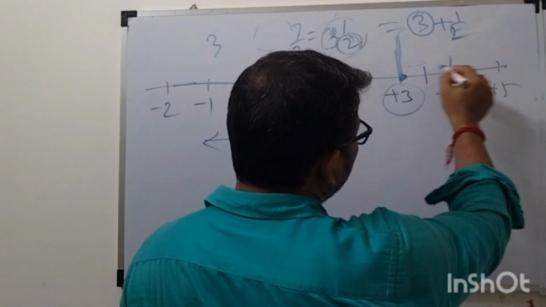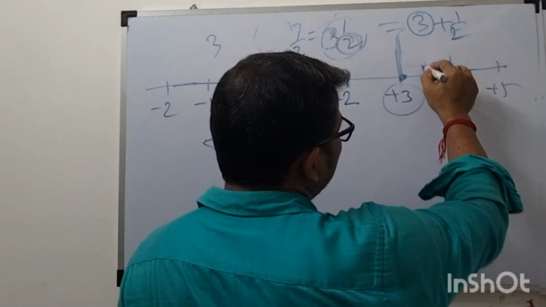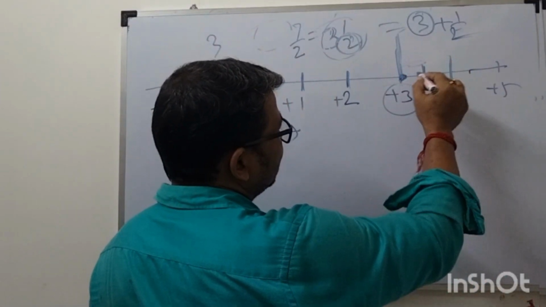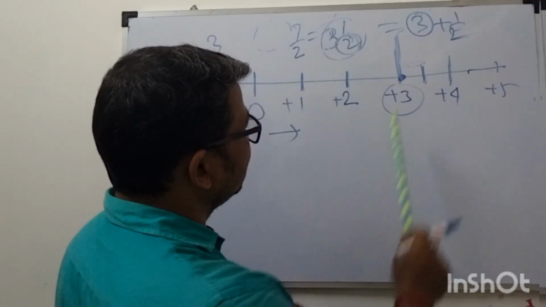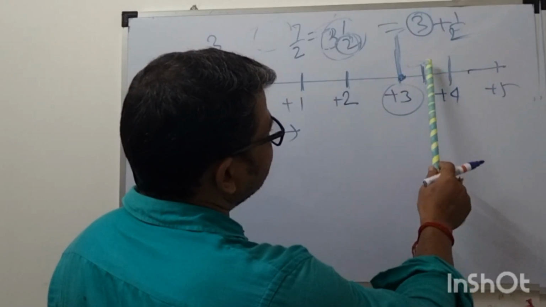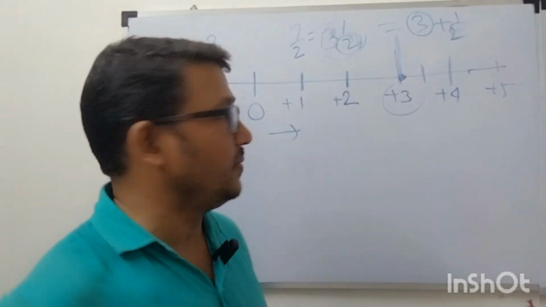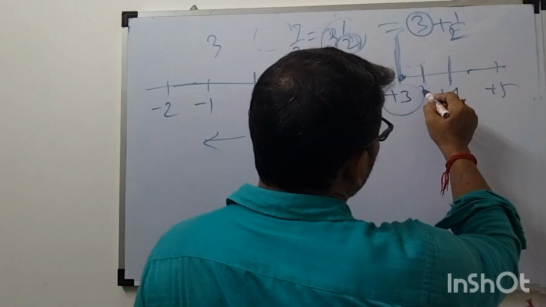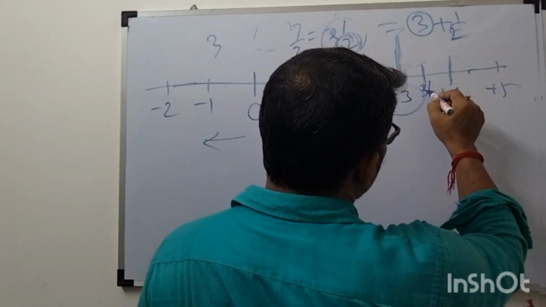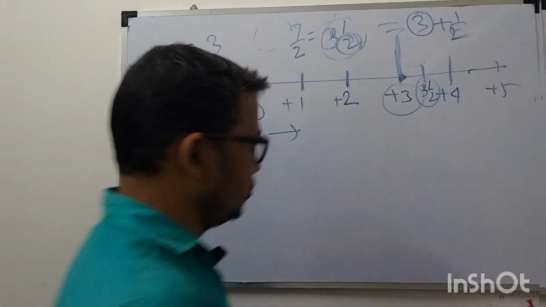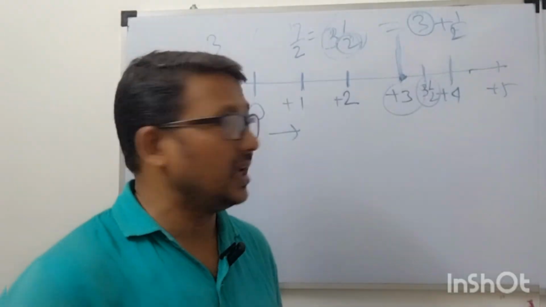To divide this segment into two segments, we can just draw only one line. And now look at this, the segment has been divided into two small segments, and this point is 3.5, that is 7 by 2. I think the conclusion is clear here.